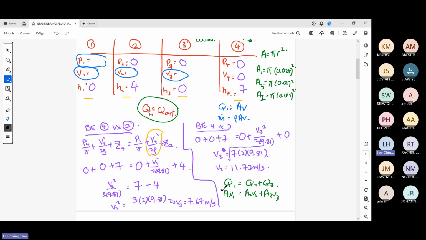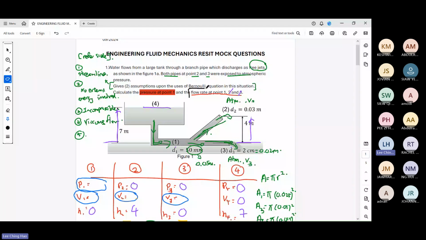So you have all the areas already, and V2 and V3 you got already from here and here. Then you will find V1 equals what? And then again you do mass flow rate and volume flow rate for 1. So you found everything for this part.